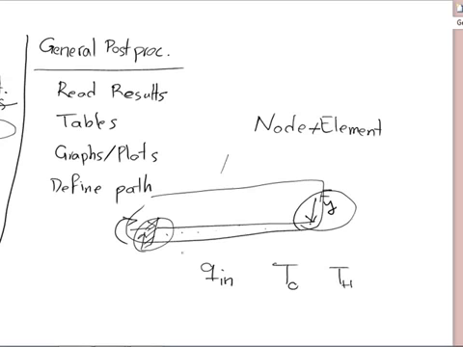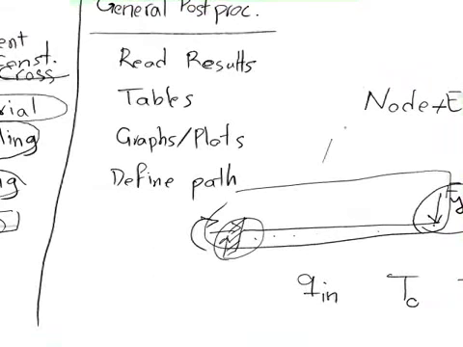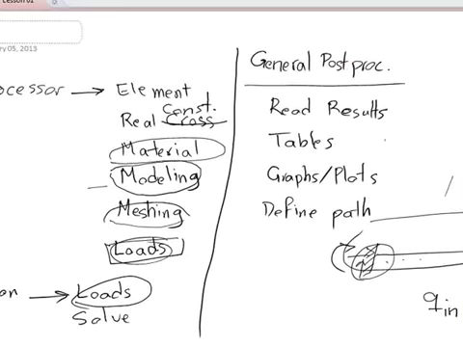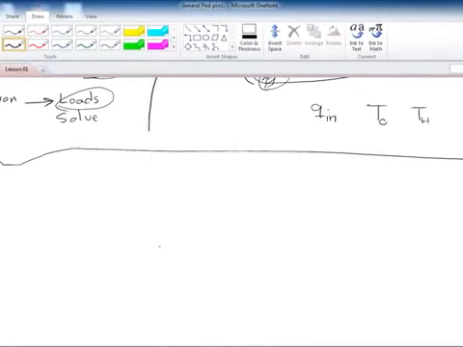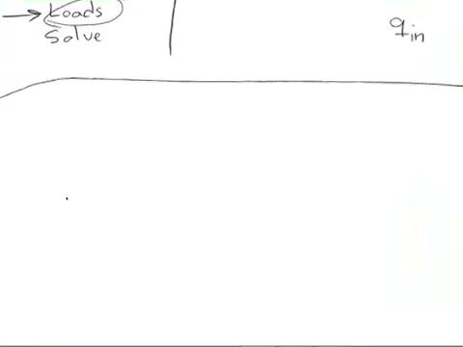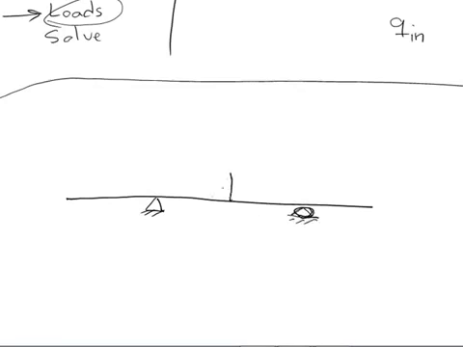For this lesson, I want to do a very basic analysis. If I can scroll down in here. Alright, for this example that I want to do today, it's going to be very basic. I'm going to have a beam and support it at two locations, something like this, and in the middle I'm going to apply a load of 1 kilonewton.